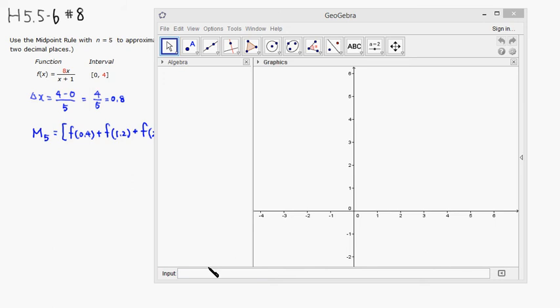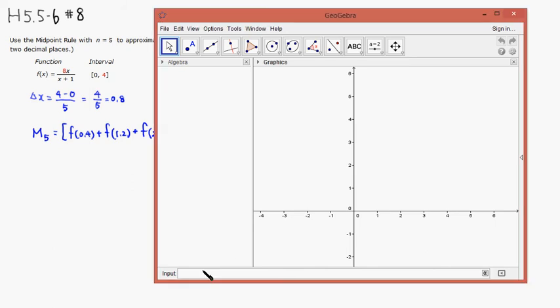Alright, so the function is f of x equals 8x over x plus 1. Then I put that in.